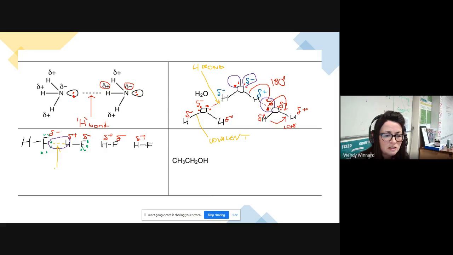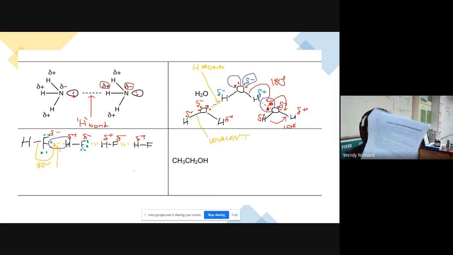Again, notice the hydrogen bond and the covalent bond must be as far apart as possible. That's 180 degrees. So you get this line of molecules. You wouldn't have them bent over because of repulsion. So you should be writing that now into this document.